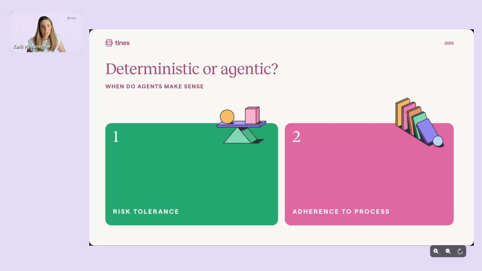Another thing to consider is how opinionated are you about how that process is performed? If you have a super strong opinion that the process should be performed a particular way, similar to the risk tolerance piece, you're not going to want to use an agent for that. If it needs to go in this specific order with access to only these tools and only these specific cases, then again, that's a deterministic workflow.